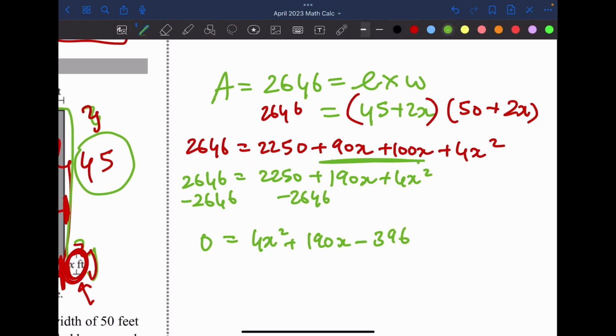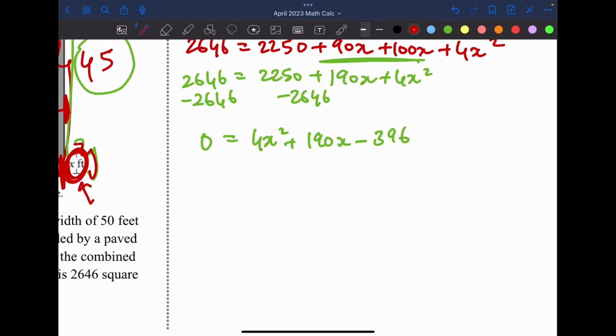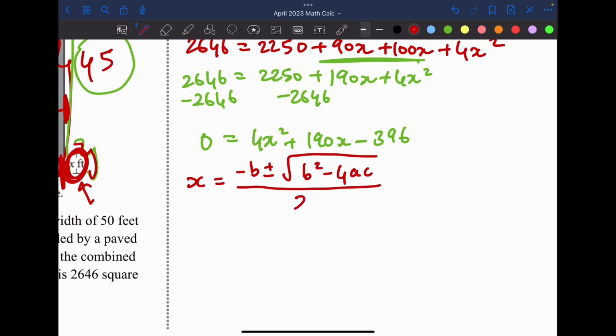Now we have to solve for x like we said. So what is the quadratic formula? You have to memorize this, because this is something you should know. But x is equal to negative b plus minus the square root of b squared minus 4ac all over 2a. Okay, after that, now we just have to plug in a calculator. But let's actually write it down.